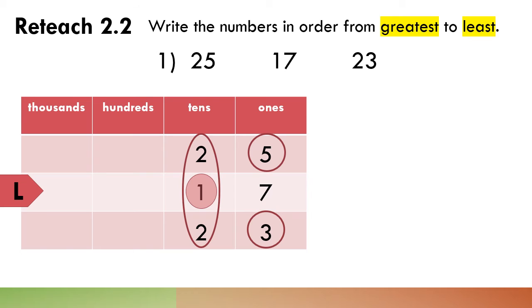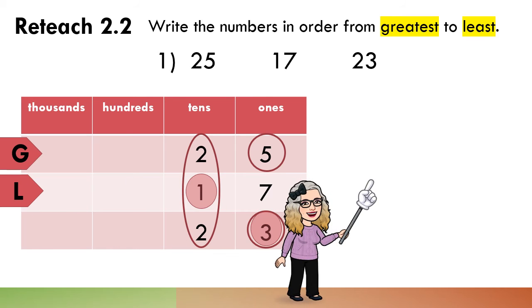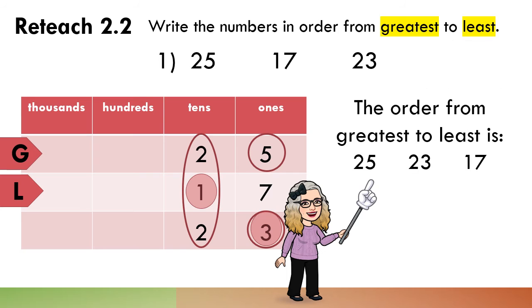Now 3 is the least of those two, which means that the 5 is the greatest, so 25 is going to be my greatest number. So now after comparing on the chart, I can say that the order from greatest to least is 25, 23, and 17.